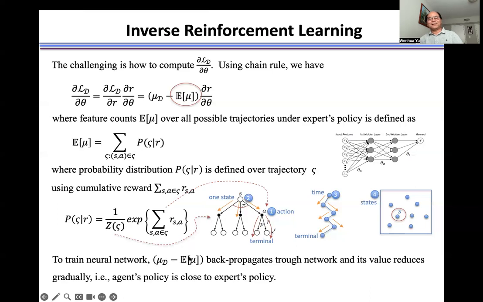Finally, when we get the convergent model parameters theta, the agent policy is close to the expert policy. Then we use the convergent theta to calculate the reward R, and we use R in reinforcement learning to find the optimal policy for the agent.